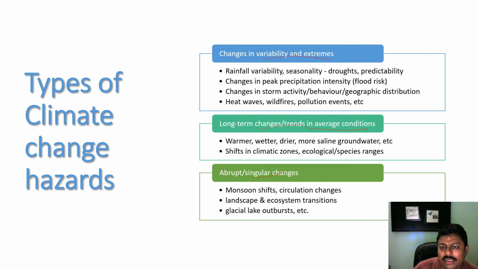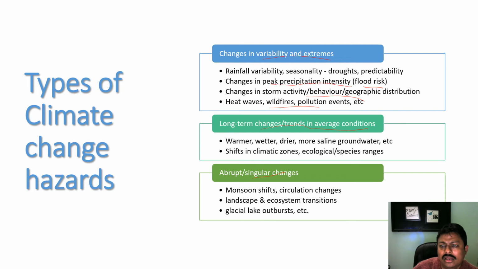Change in variability and extremity means that when the seasonality of rainfall and droughts changes, then the hazard due to that change comes under climate changes in variability and extremes. If peak precipitation intensity, flood risk, storm activity or heat waves change, then it comes under the changes in variability and extremes.